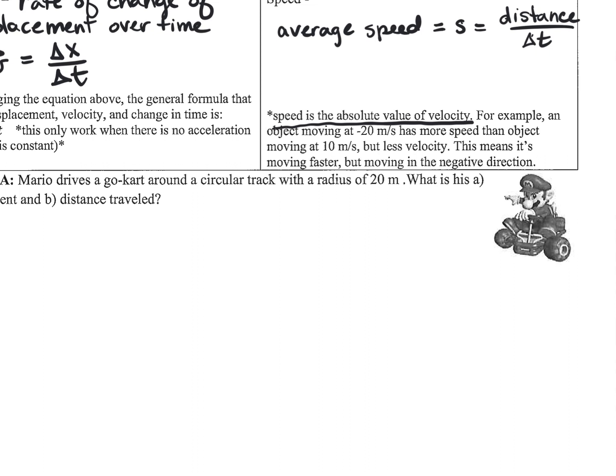Do you understand why that is? Because of the possibility of a negative, right? If I'm going backwards at 20 miles per hour, my velocity is negative 20 miles per hour, but my speed is still 20 miles per hour. So speed is often the absolute value of the velocity.